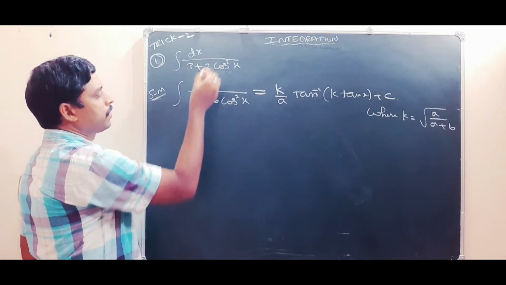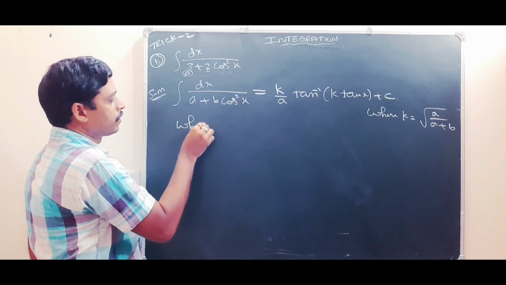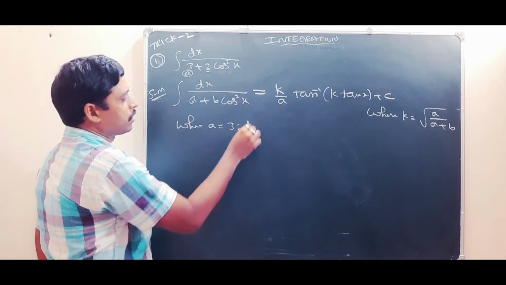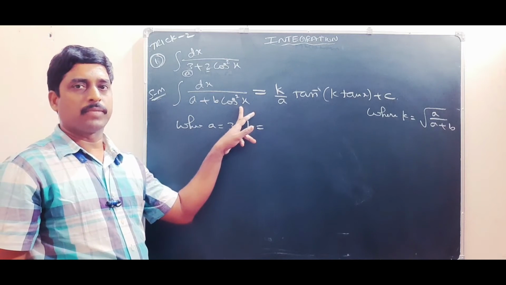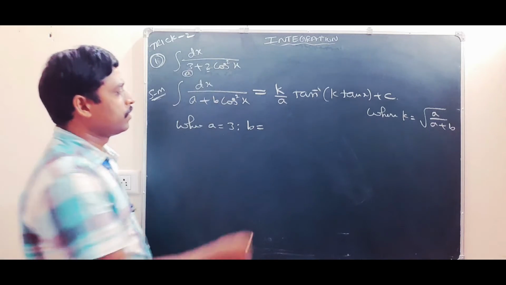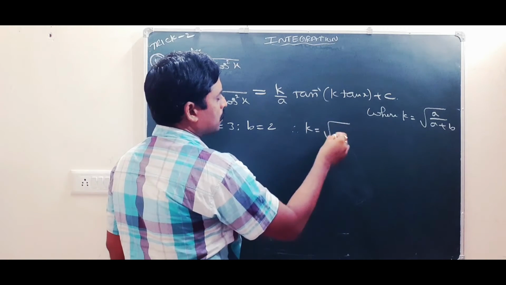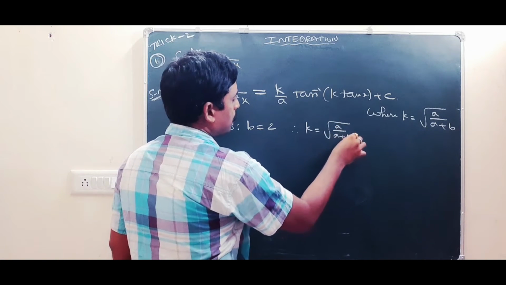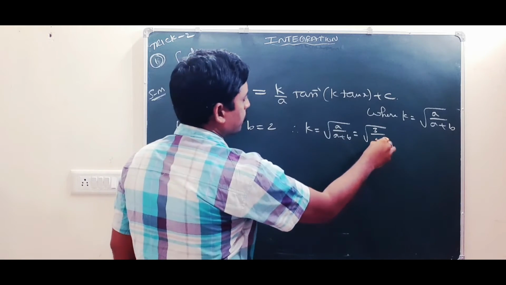Okay, where a is a constant, a is equal to 3, and b is the coefficient of cos square x, so b is equal to 2. First we have to find the k value, root under a by a plus b. It is going to be 3 by 3 plus 2, 5.